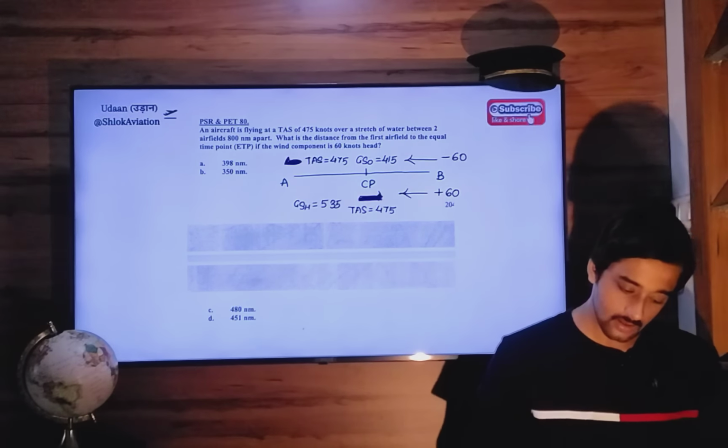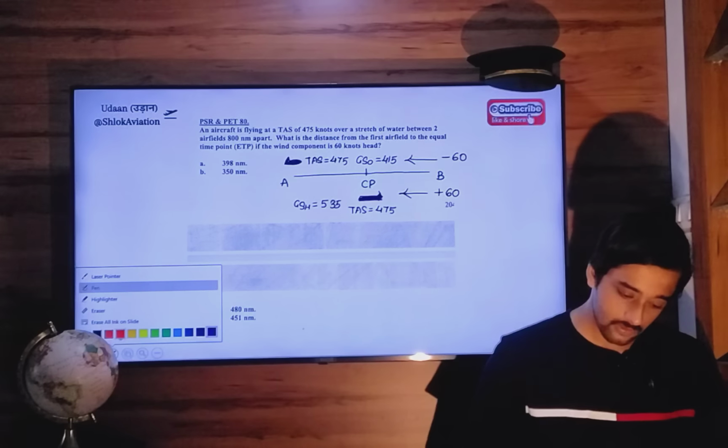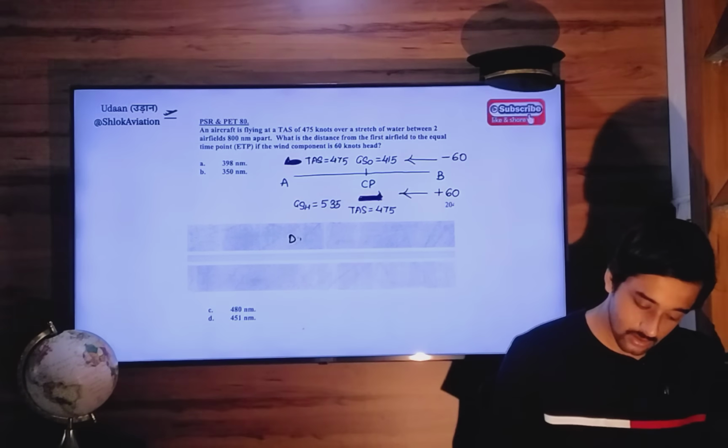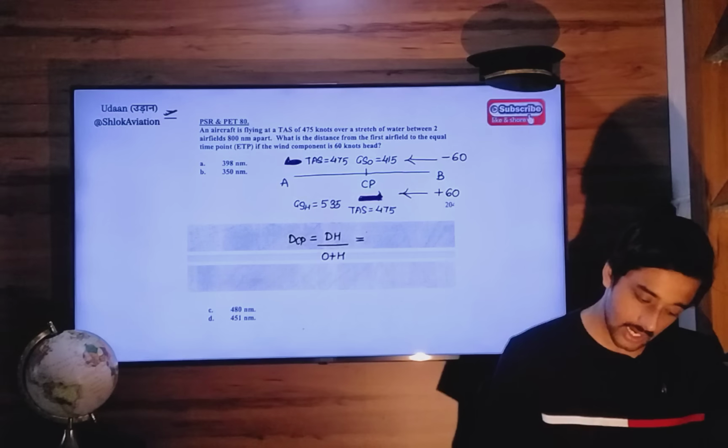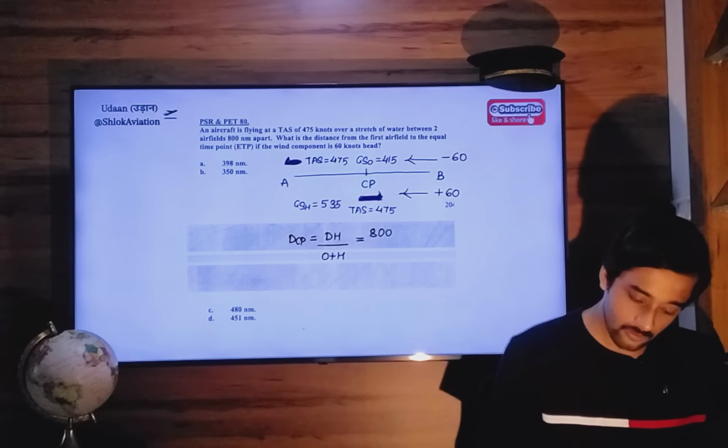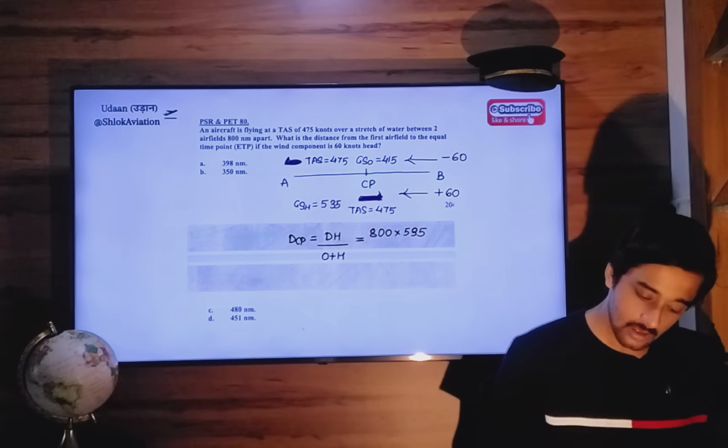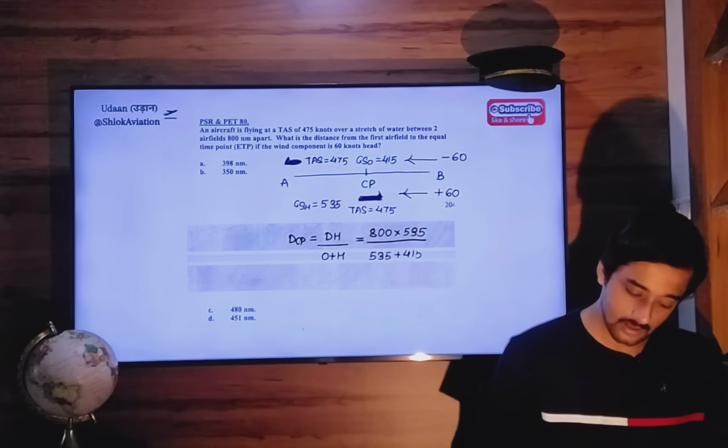Okay. So what is the distance to the point of equal time? So distance is 800 into 535 divided by 535 plus 415.